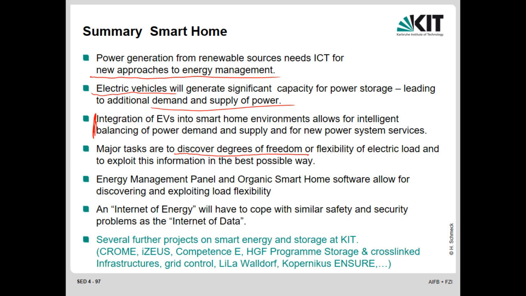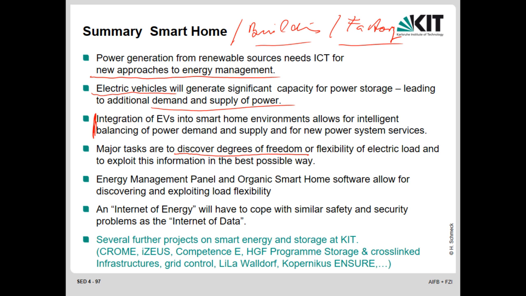Actually, not just inside a house. We should also say home, building, factory, and there are potentials for flexibility to quite some larger extent than inside a smart home. And also in those larger scenarios, we have to look at that.